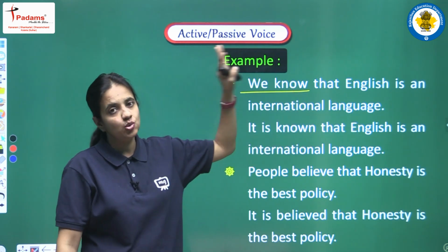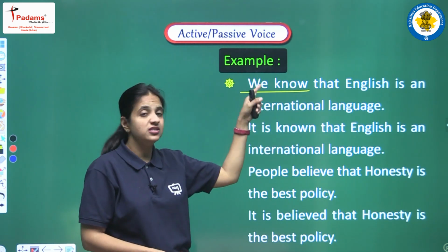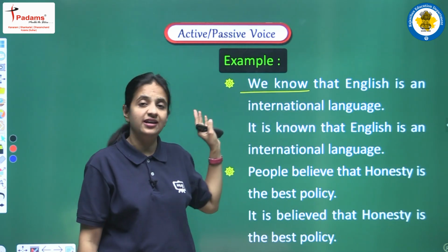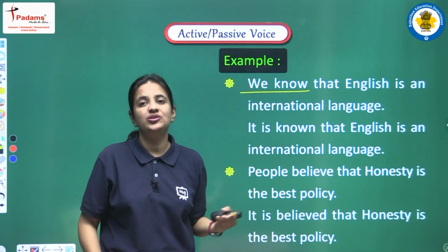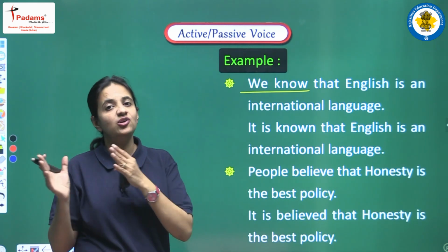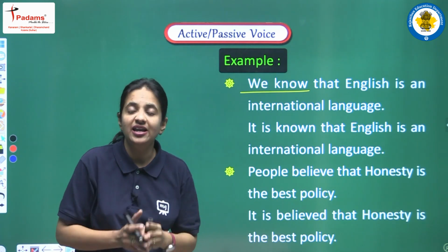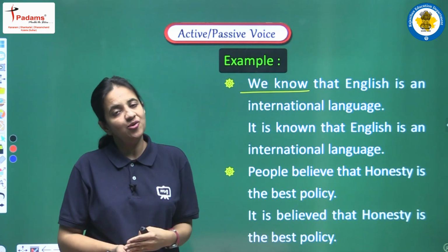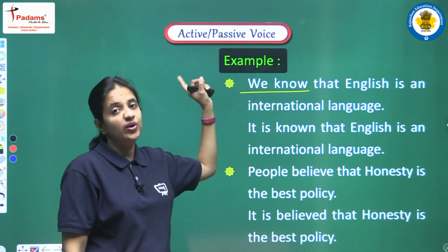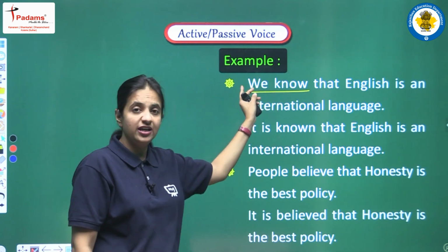So the main clause is we know, and the subordinate clause is English is an international language. According to the rule that we have seen earlier, when we are having two clauses, only the main clause has to be converted into passive voice. So the main clause is we know, so we have to convert this much only in the passive voice.